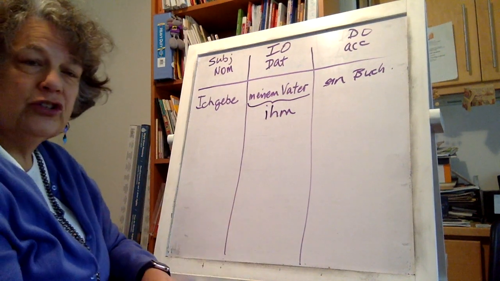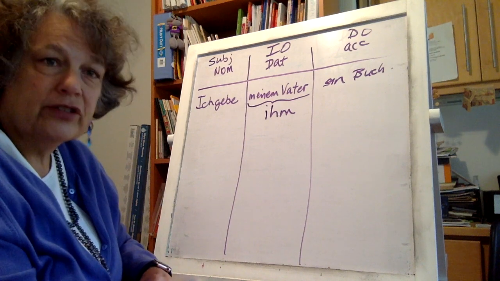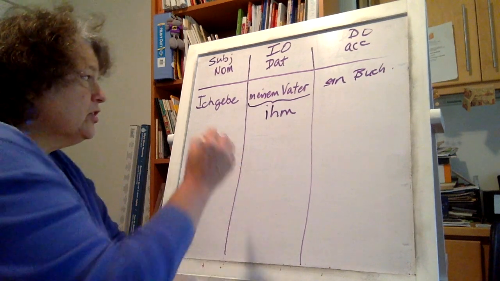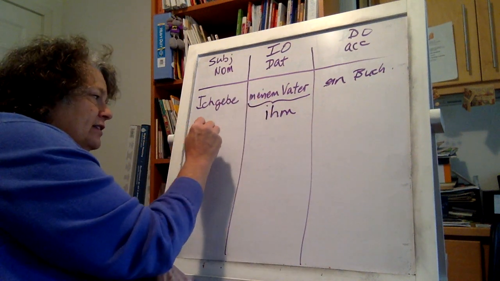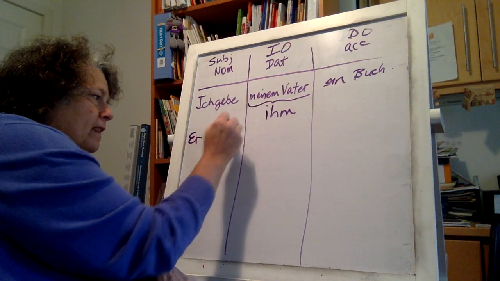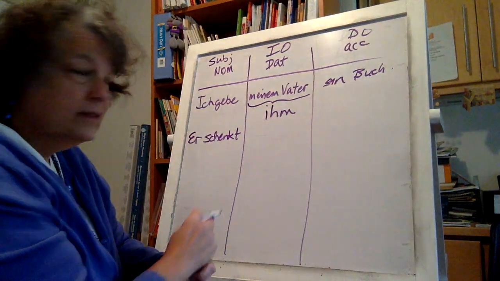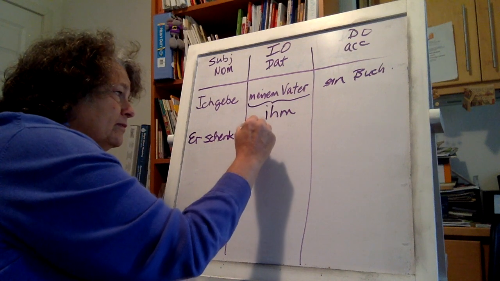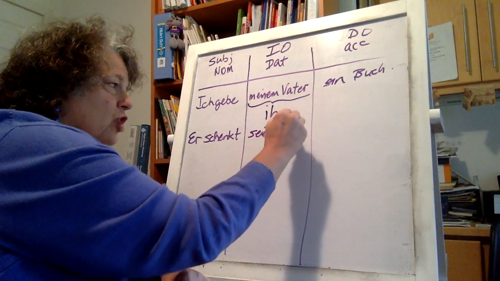Now, he's going to turn around and he's going to give his daughter something. Okay? So, he, right? Schenkt. Now, his, remember how to say his? Sein. That's the first part. And then he's giving his daughter something.